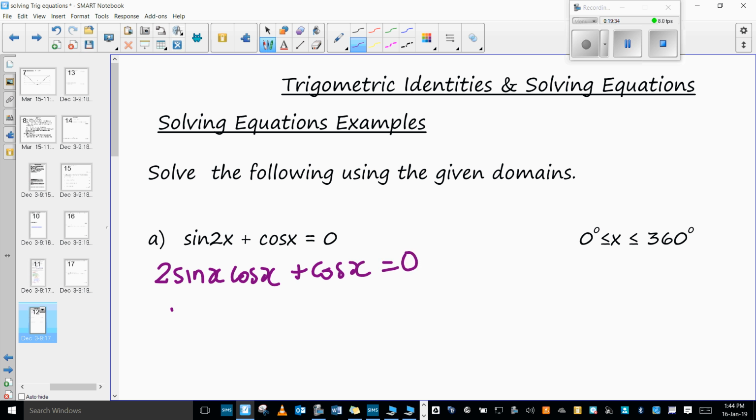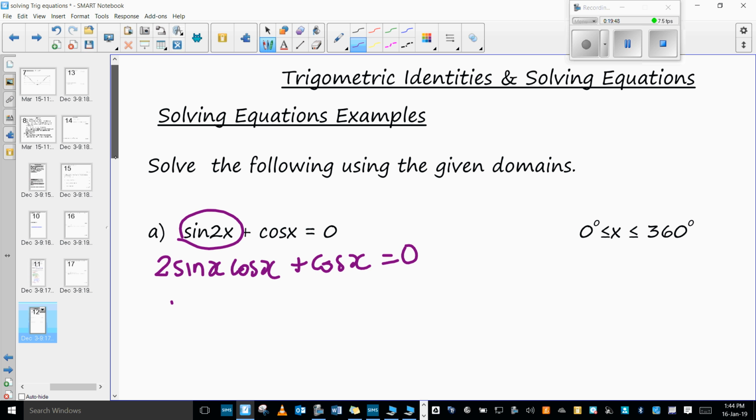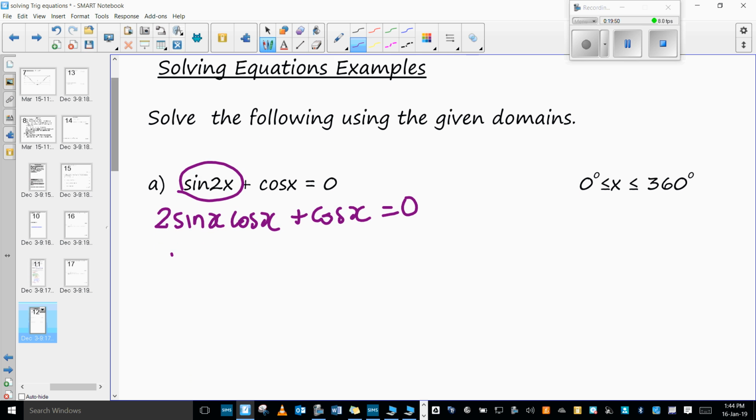So we've used our identities to replace this expression here. So whenever there's a double angle, like the 2x, you're going to get rid of it by using trig identities. Then you're going to look at this expression and say, uh-oh, this is different. I've still got a mixture of sine and cos.